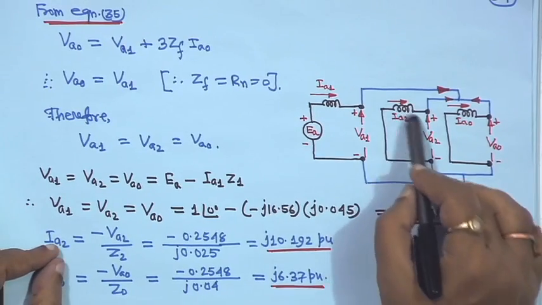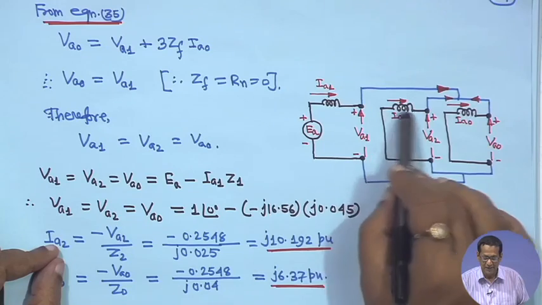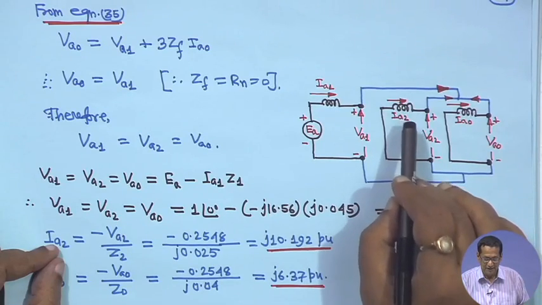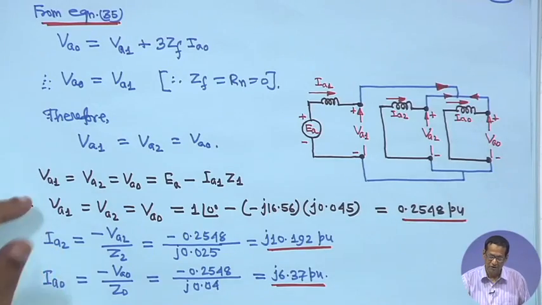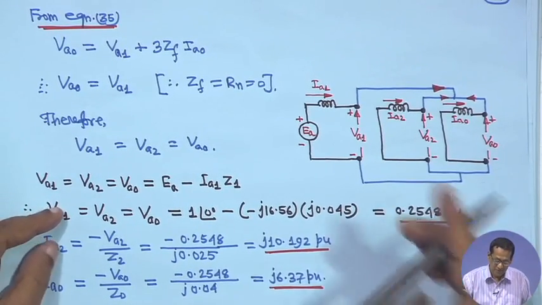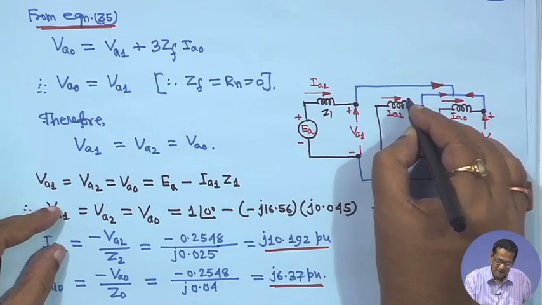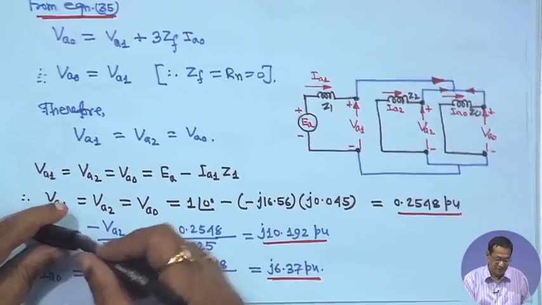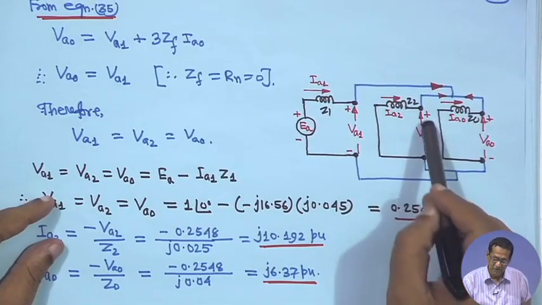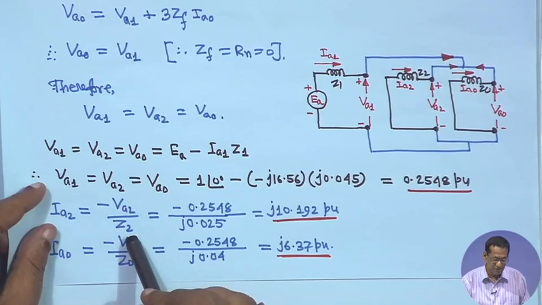Now, here if you apply KVL, it is not shown here, but it is understandable, this is your Z 1, this impedance is Z 2 and this is Z 0. So, in this case it will be I A 2 into Z 2 plus V A 2 is equal to 0, that means your I A 2 will be minus V A 2 upon Z 2.